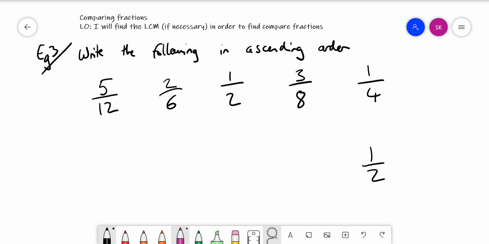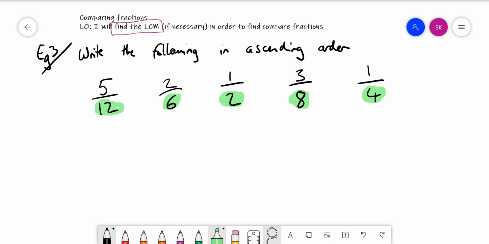Well, the method for comparing fractions, when it's not obvious how to do it, is we're going to find the LCM. LCM means lowest common multiple. And so what we need to do is find the lowest common multiple of all of the denominators, just like as if we were adding fractions or subtracting fractions.